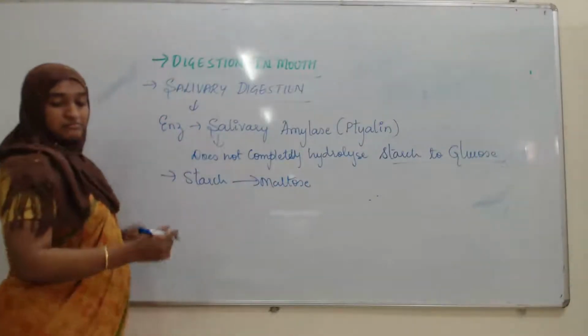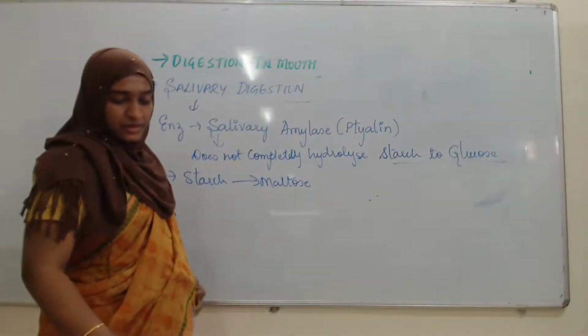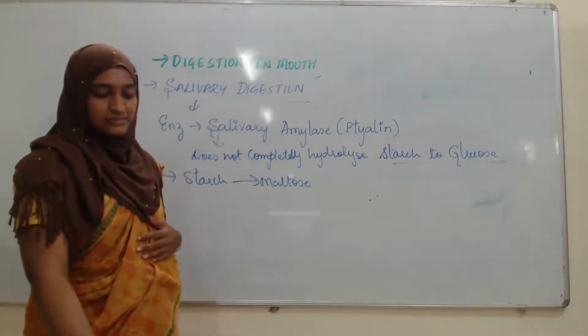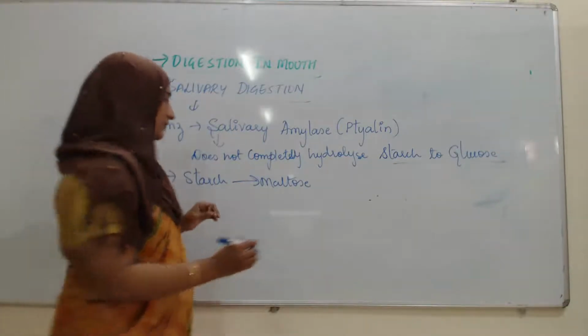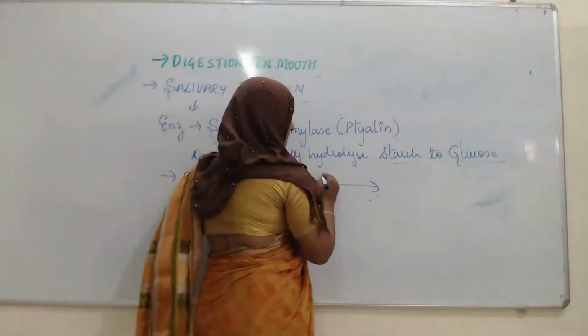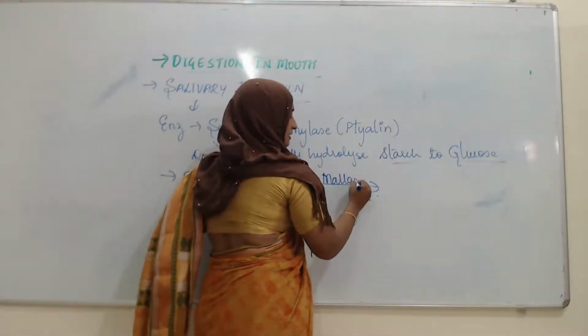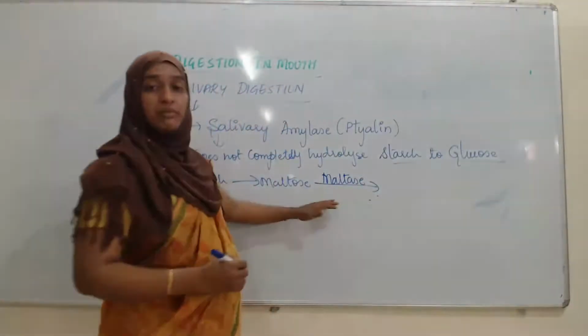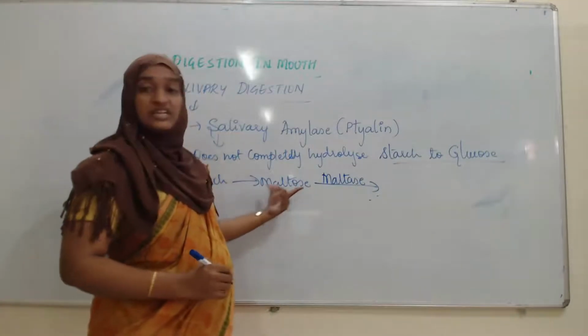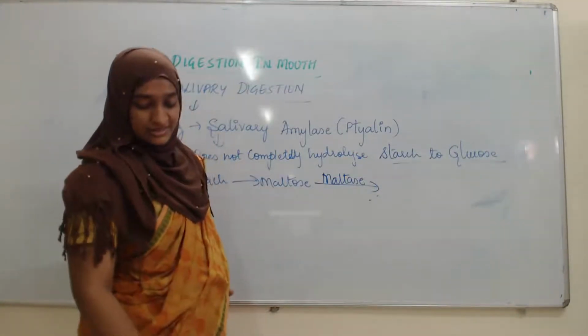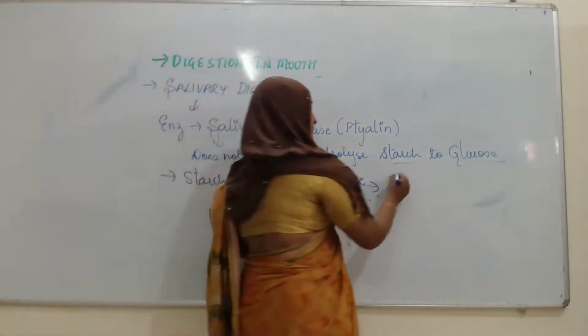Okay, then this maltose further is going to hydrolyze in the presence of an enzyme maltase. In the presence of the enzyme maltase, this maltose gets hydrolyzed into the glucose.